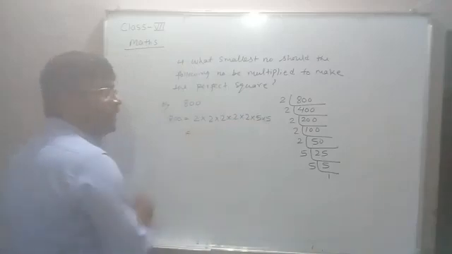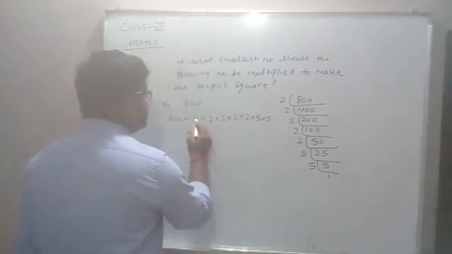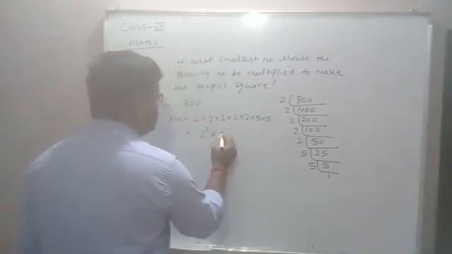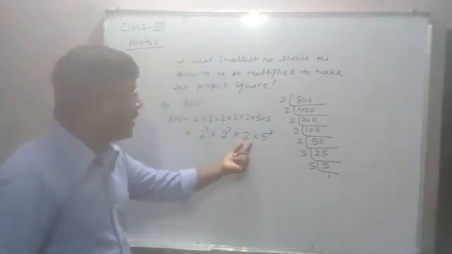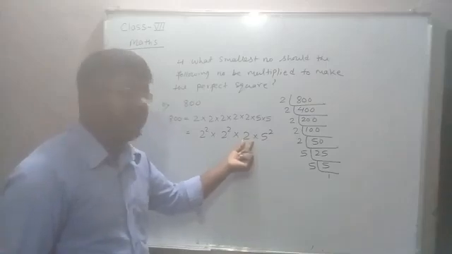Now let's make pairs. These pairs are 2 square into 2 square into 2 into 5 square. Again, this 2 does not have a pair.